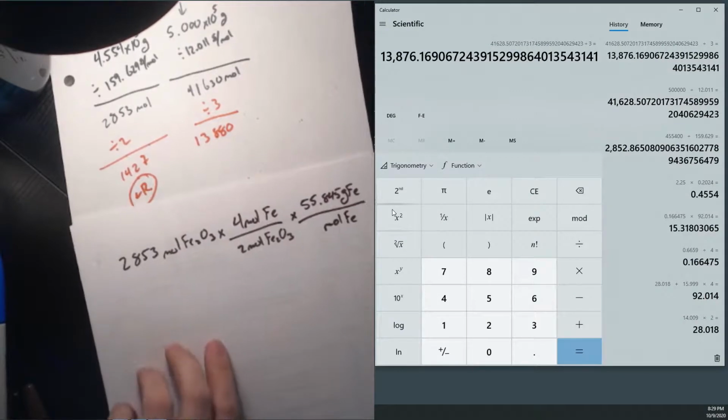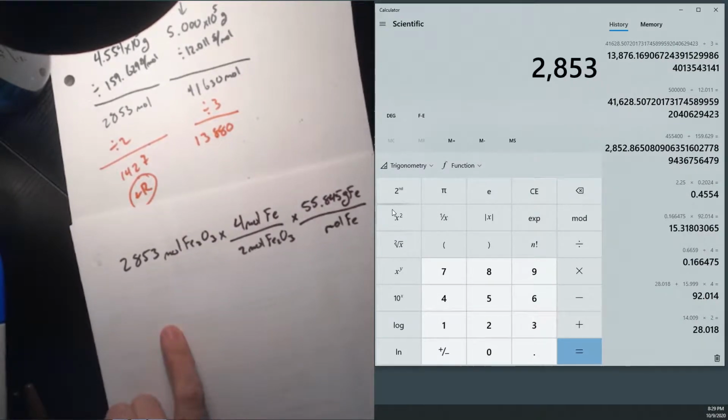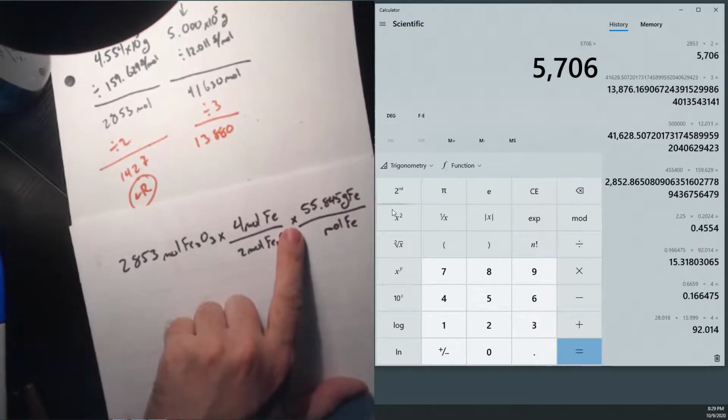This will get us our theoretical yield, 2853 times 2 times 55.845.